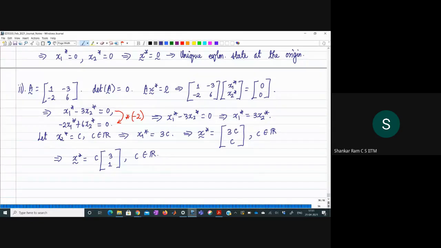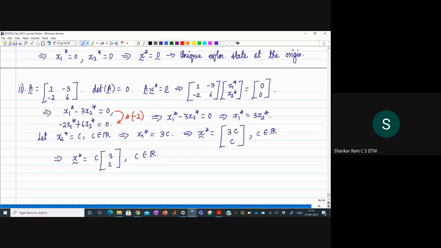Because we process A x star equal to 0, but we can immediately recognize that we are essentially going to get only one equation, right? Both equations that we obtain by expanding A x star equal to 0 reduce to the same single equation, which then helps us in concluding that the equilibrium state is some scalar multiple of the vector 3, 1.